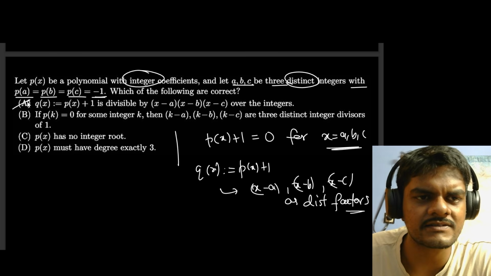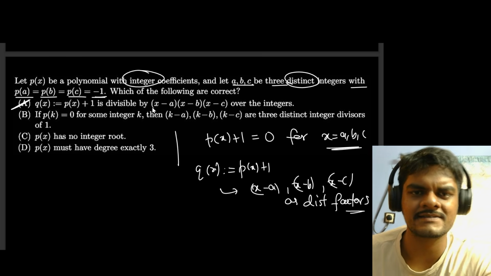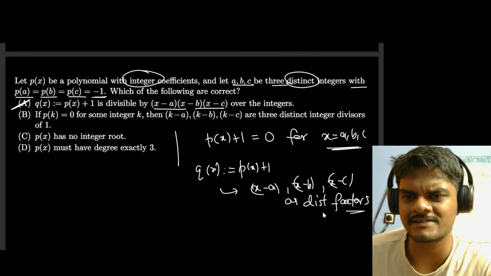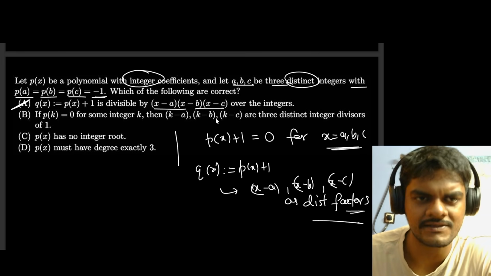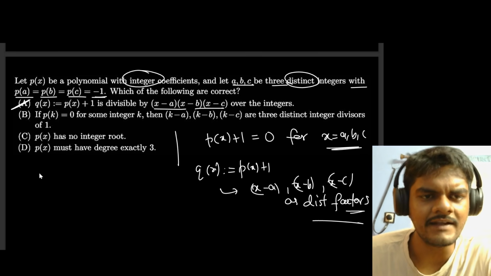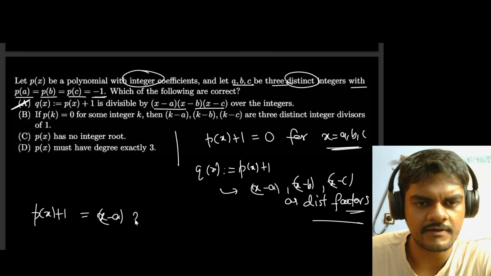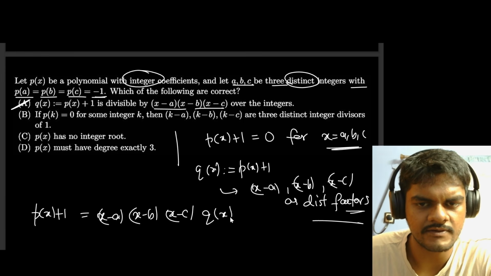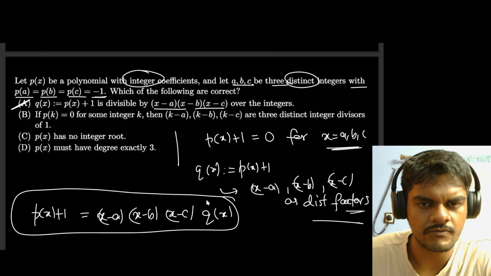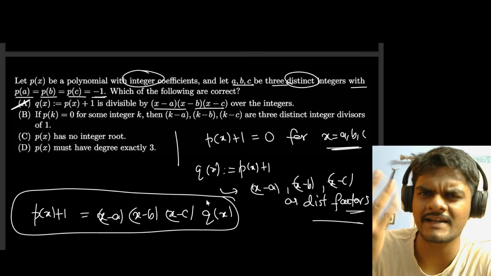So the first thing is correct. Since these are distinct factors, the product will also divide this. So I can write that P of x plus 1 is equal to x minus A, x minus B, x minus C into some Q of x. Is that clear? This is like the second question which we saw.